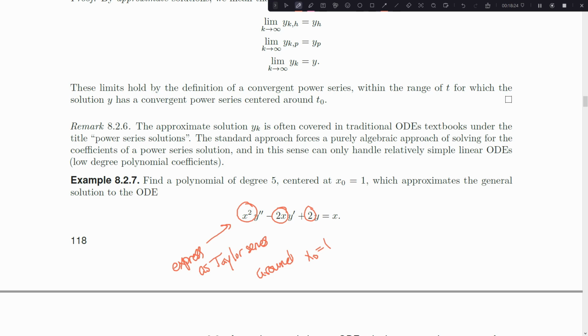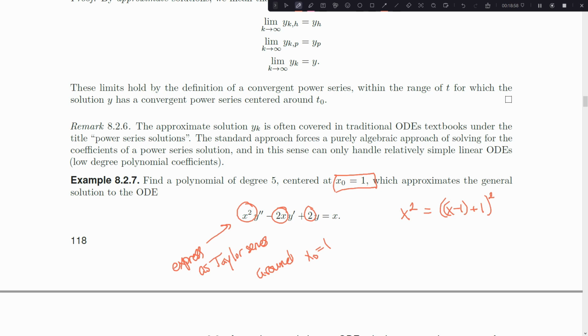I'm not allowed to work with them as they are if I'm centering the ODE somewhere other than 0, because the way they're written, they're centered at 0. So let's just do that really quick. X squared as a Taylor series centered at 1. I can either calculate derivatives, evaluate at 1 and then multiply by the Taylor series terms, or I can do the following, which is my favorite way of doing this: we rewrite it as a function centered at 1.